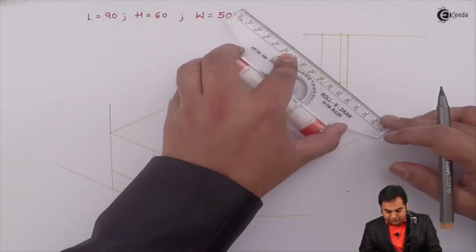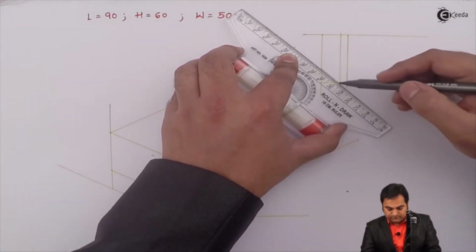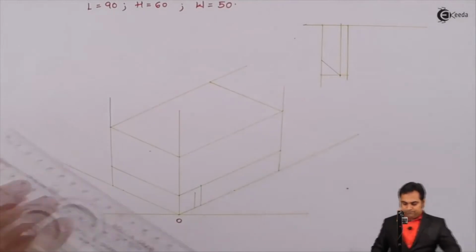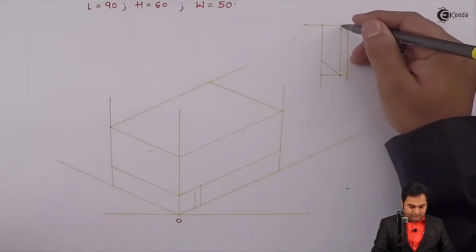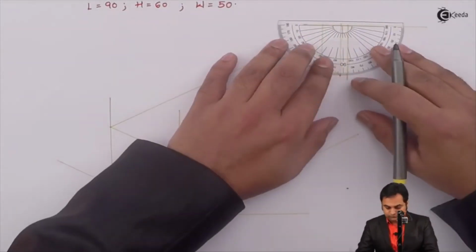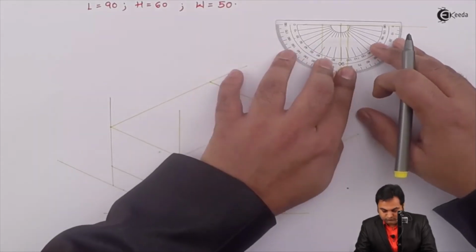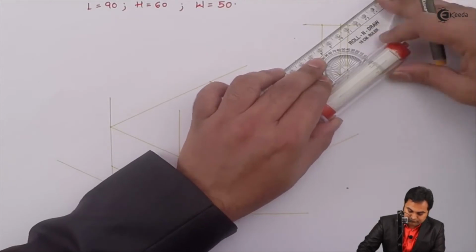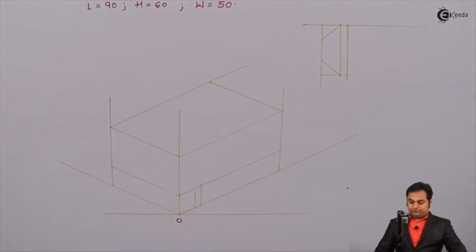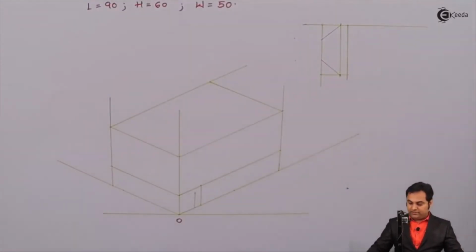And then joining these two points with the help of a light line. After drawing this line, again from this side I'll measure 45 degrees. Joining them. Now this is the surface which is visible from the top. So I'll just make it dark.